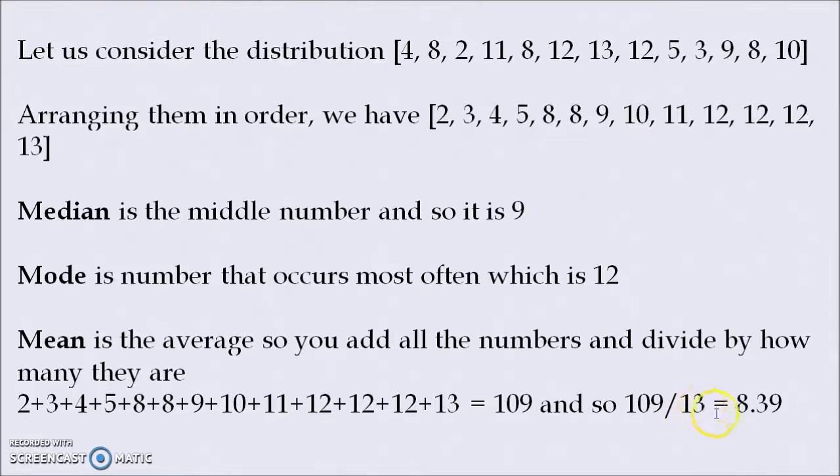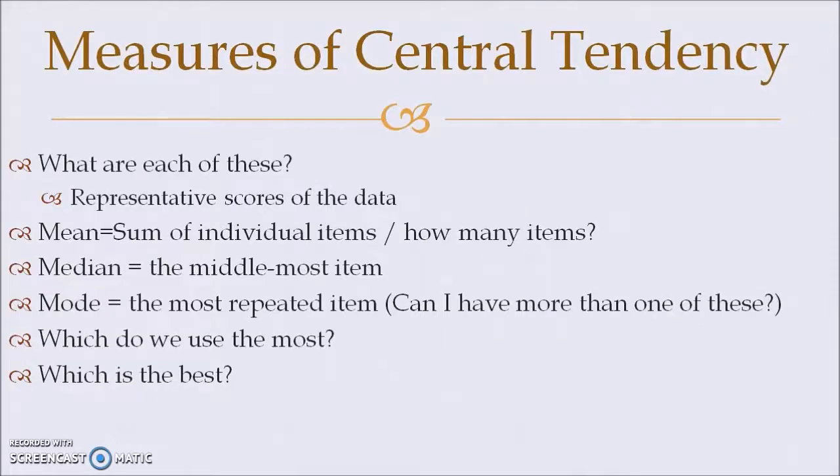When I look at the average performance, it is 8.39 because I added all the numbers and then divided by how many there were. So which one do we use most often? It depends. Which one is the best? It depends on what information we need out of that data.